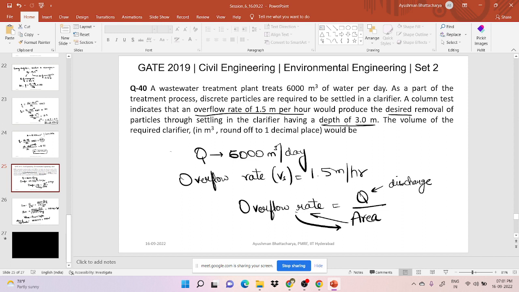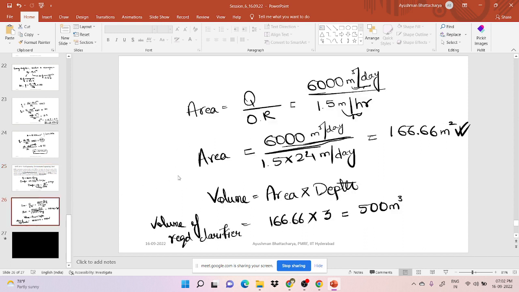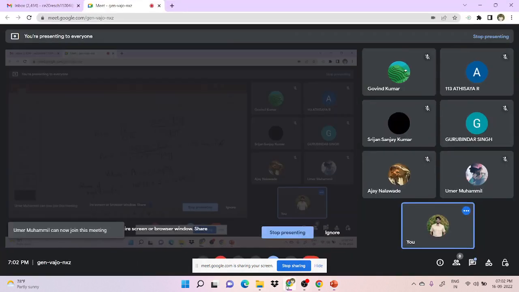They have mentioned the depth, and they are asking for the volume of the required clarifier. Using the given data, we calculated the area of the clarifier, and then area into depth gave us the volume of the required clarifier.